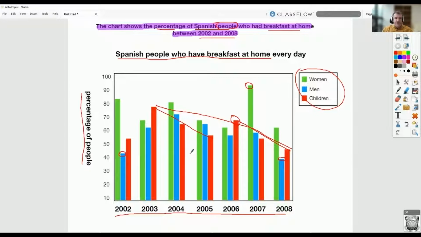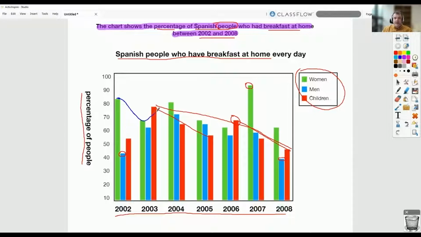What else would I mention? Okay. I'd probably talk about fluctuation as well. Okay, so we have some significant fluctuation in the number of women who have, let me change color, who have breakfast at home every day. We start up here quite high.